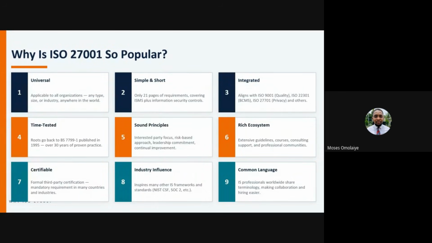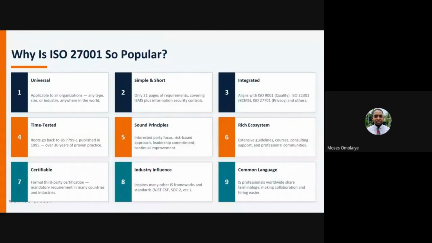Regardless of the size of the organization, the type of the organization, the industry or the location, the ISO 27001 is applicable. And then it is simple and short. They don't beat around the bush. It's just 21 pages for the requirements document. So it's not a very big document. It's concise and easy to understand.